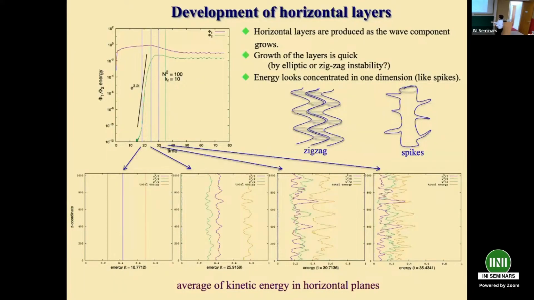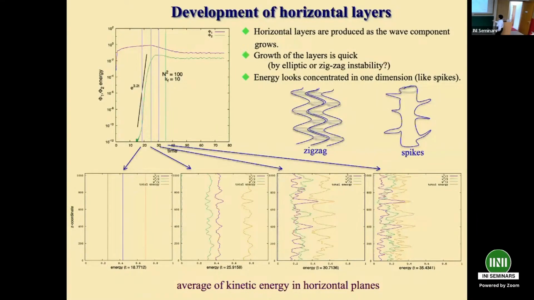If we look at the vertical layers, or actually horizontal layers, we see some parts show peaks, and the peak grows. It's very interesting. But the energy looks concentrated in one direction.